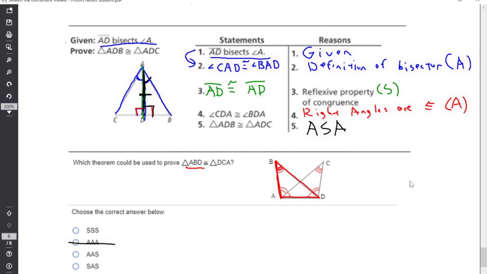What have I got? I've got a pair of angles there, and I've got another pair of angles there. And I'm trying to match it up with DCA. Again, I'm going to trace out that triangle D to C through A. And tracing out these triangles lets me see what information I have.